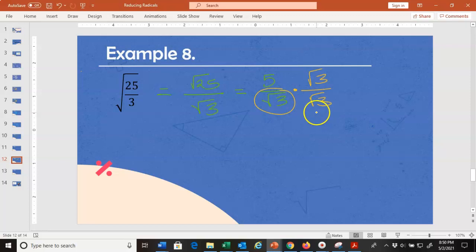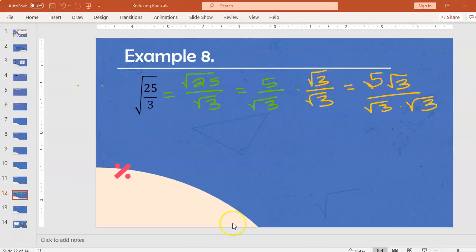We're manipulating it. So when we multiply, we're just going to do the top times the top, 5 root 3, and the bottom times the bottom, root 3 times root 3. All right, so we end up with 5 root 3 on the top, and then we're going to have root 9 on the bottom, right? Because 3 times 3 is 9.